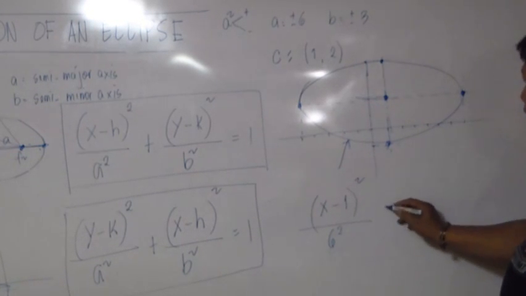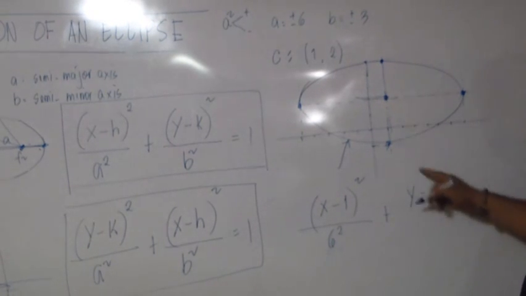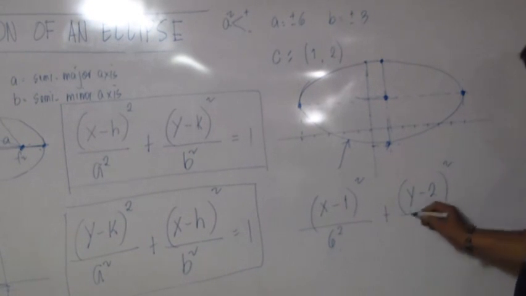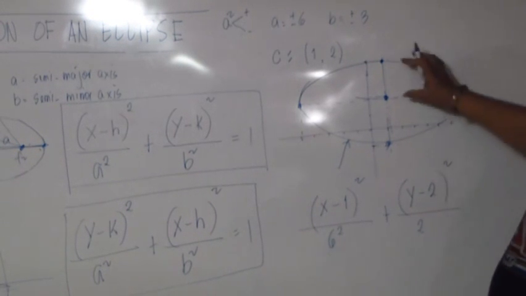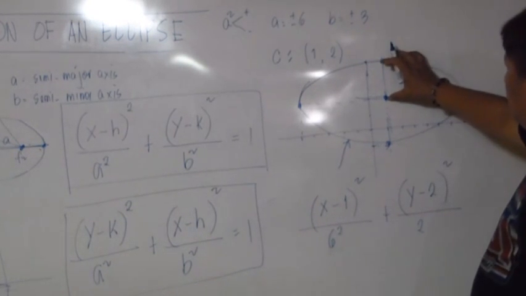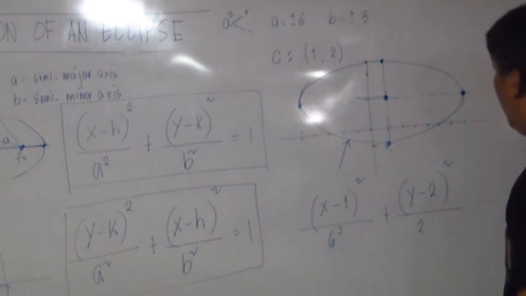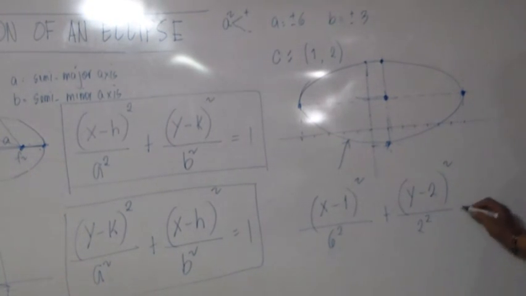Then plus y minus k, where k is the y coordinate of the center, 2. Then squaring this, we have it over the square of b, which is 2 squared, then equals 1.